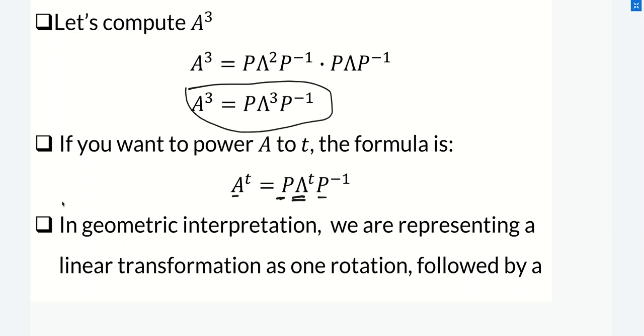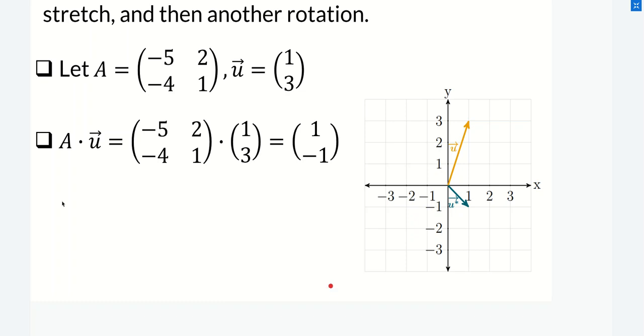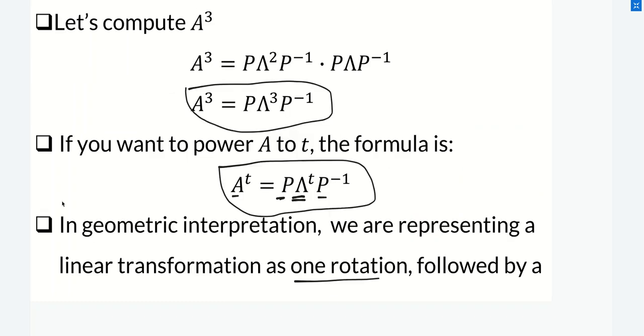All right. So you see how we are trying to simplify our data till we can do computation so quickly and faster, right? So this formula over here, in geometrical interpretation, what are we doing? One, we are doing one rotation followed by stretching, followed by another rotation. So we are rotating, then we stretch, then we rotate.